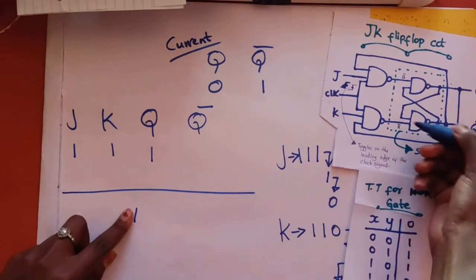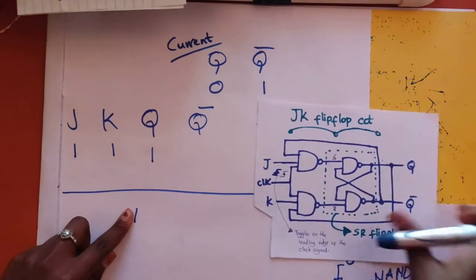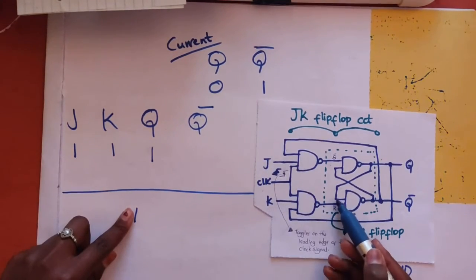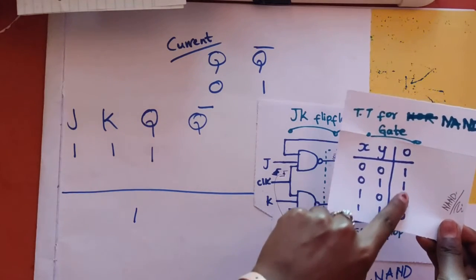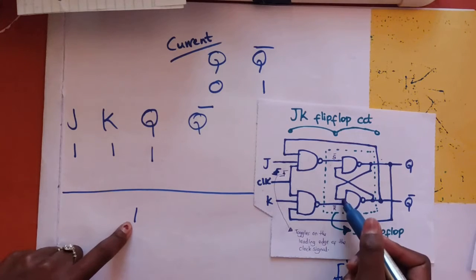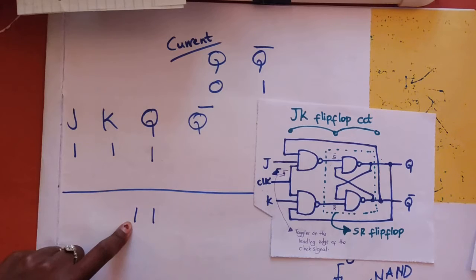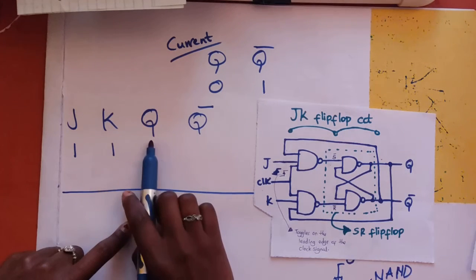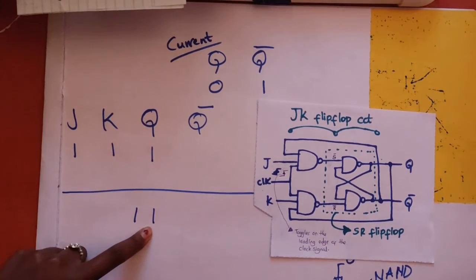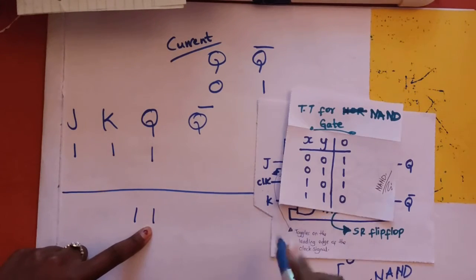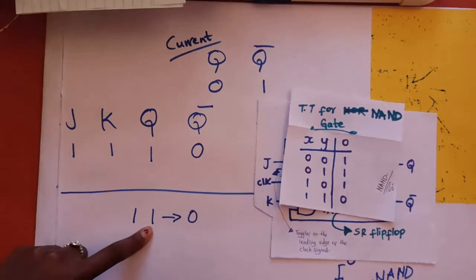We have a 1 at this input, but it cannot tell us much because, as we've seen, the output will either be a 1 or a 0. So therefore we need this other input, which is a 1. Q is a 1 as of this moment, and since Q is a 1 and this is a 1, when we look at this 1 1, we have a 0. So the output here will be 0 and Q naught will be 0.